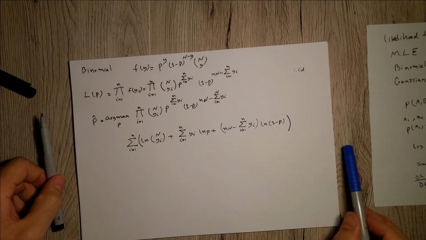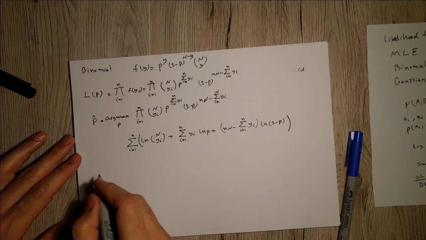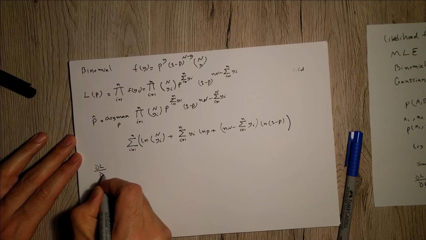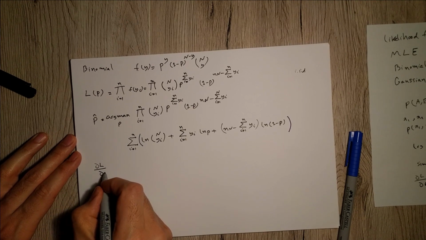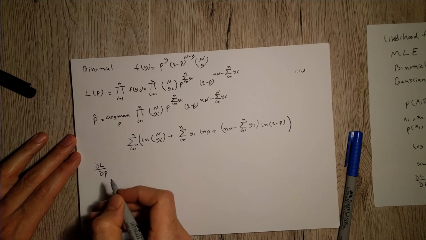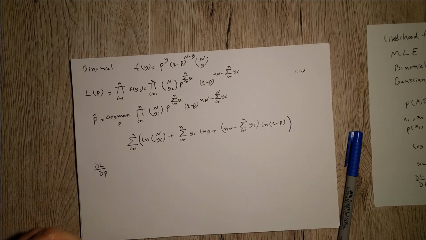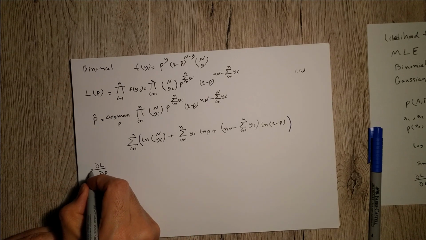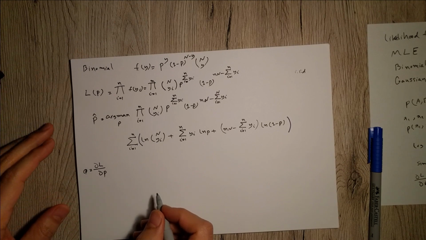Okay, so we have this term. Now we compute the derivative. And as I said, we are looking for the p that maximizes the value. So our variable is p, and we set it equal to 0 to find the extreme point.